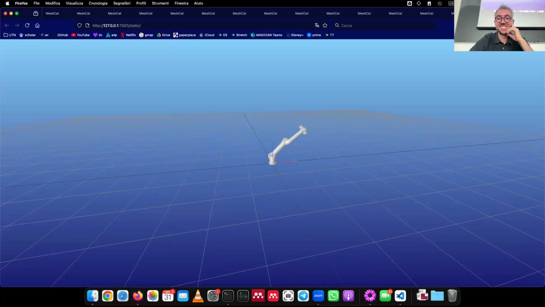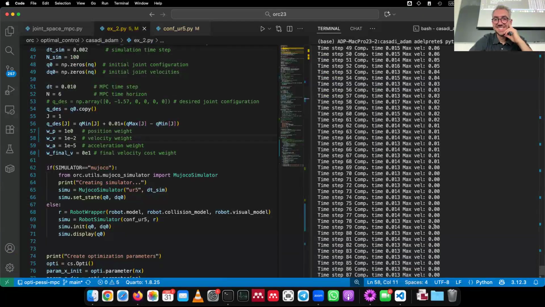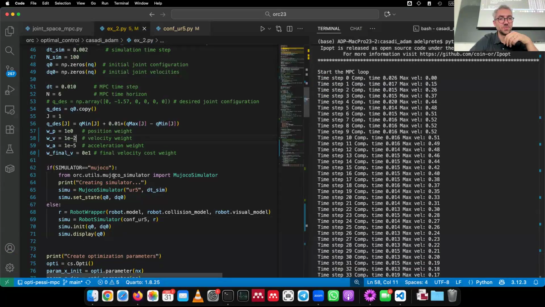Too much. It doesn't move at all. No, we're not able to reach the target by playing with this. So velocities, let's go back to 10 to the minus 4.